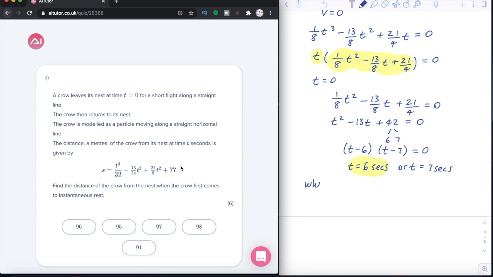So when t equals 6, we're going to get s equals 6 to the 4 over 32 minus 13 over 24, 6 cubed plus 21 over 8 multiplied by 6 squared plus 77. Okay, and we can work that out on our calculator.